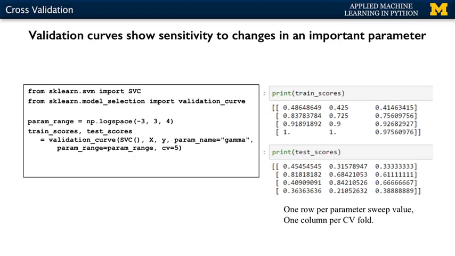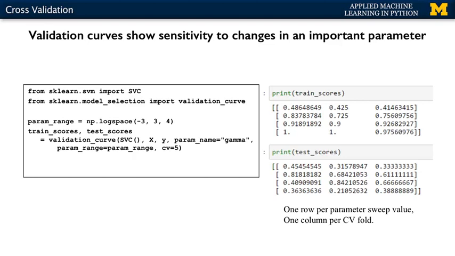Unlike cross-val score, you can also specify a classifier, parameter name, and set of parameter values you want to sweep across. So you first pass in the estimator object, or that is the classifier or regression object to use, followed by the dataset samples x and target values y, the name of the parameter to sweep, and the array of parameter values that parameter should take on in doing the sweep.